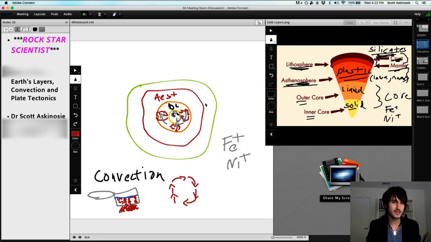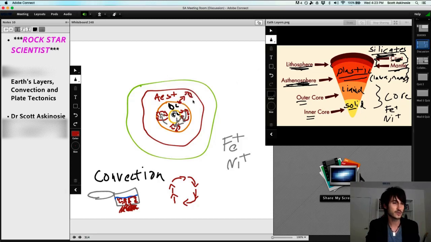The next one happens here in the asthenosphere. So the asthenosphere isn't fully liquid, but it's still partially liquid. So it is subject to convection currents as well. Now, convection current occurs as the heat from the core is moving outward into the asthenosphere. And what it does is it causes this part of the asthenosphere to heat up just like before.